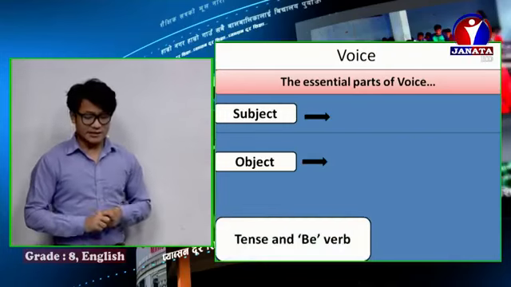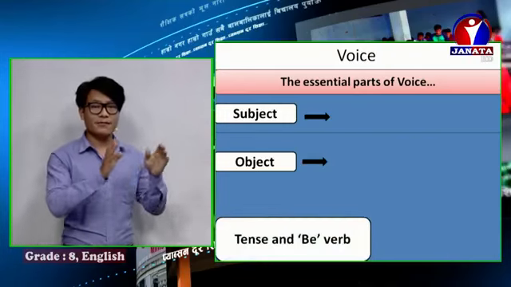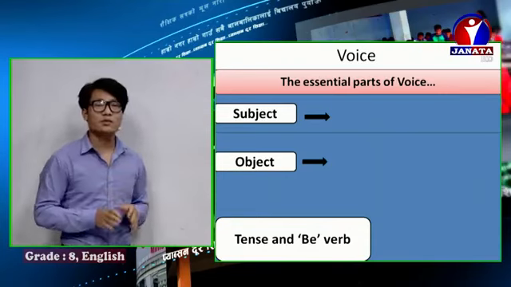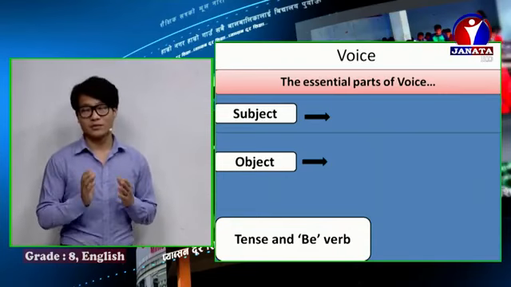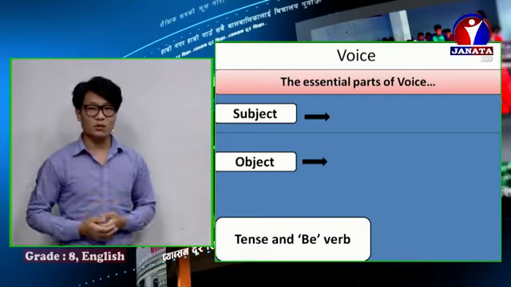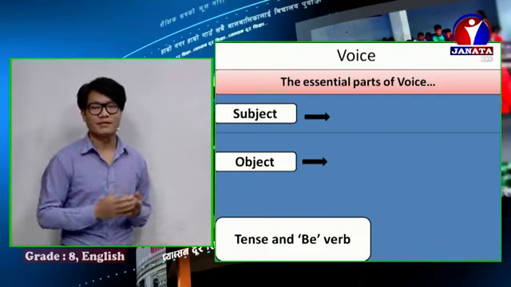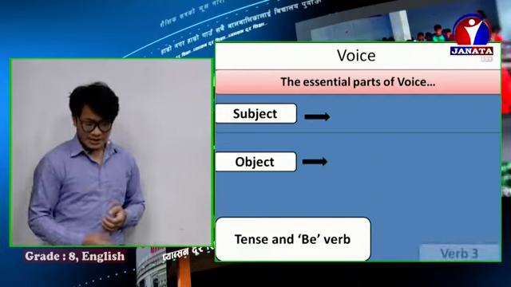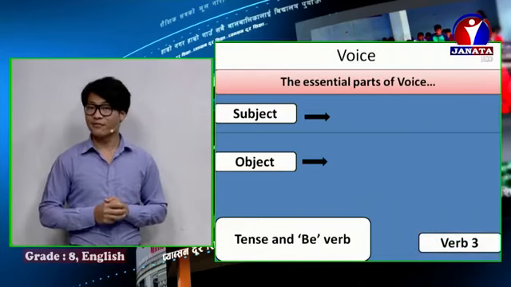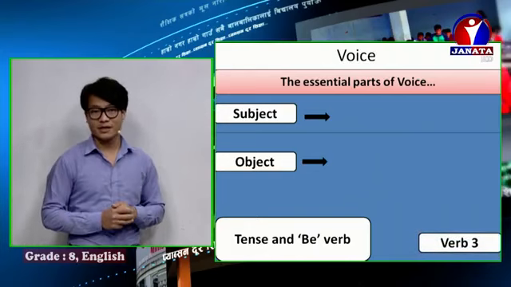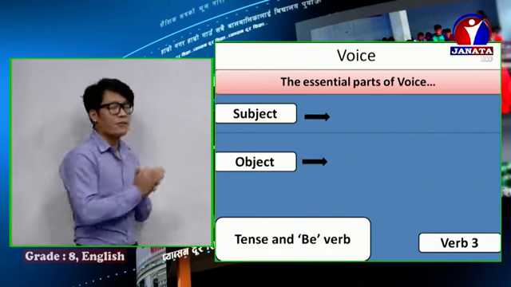Next is the tense and be verb. On the basis of the tense, we should use the be verb in active voice. So I will show you what the be verbs are on the basis of the tense. Next is verb 3. Verb 3 is very important. It is the heart of a passive voice.